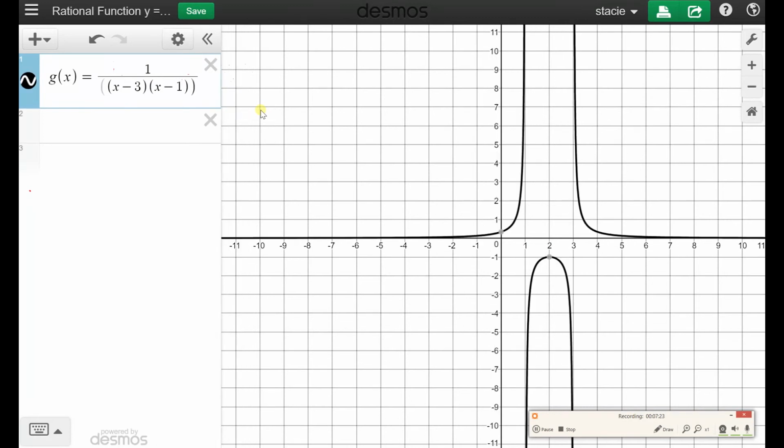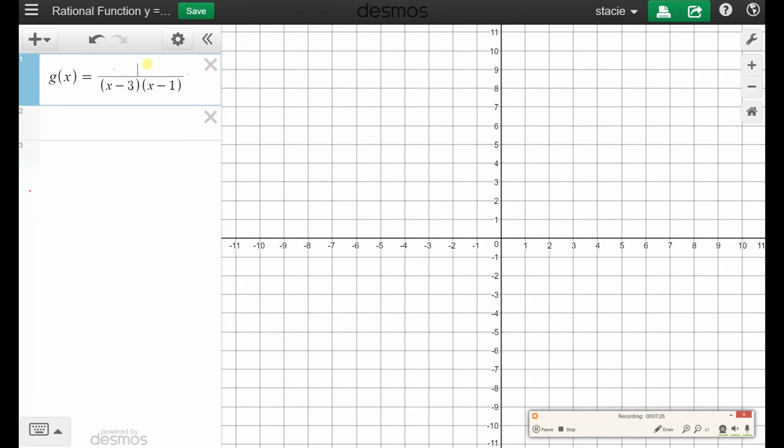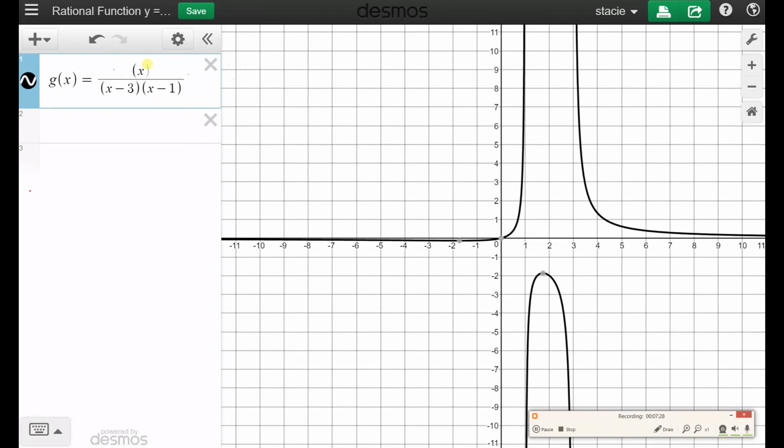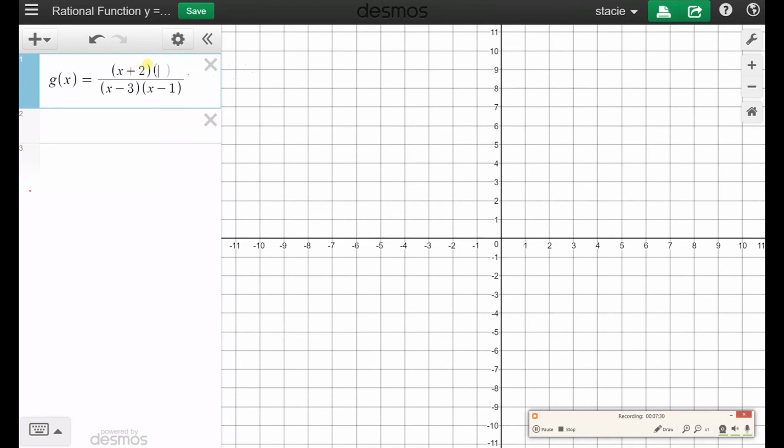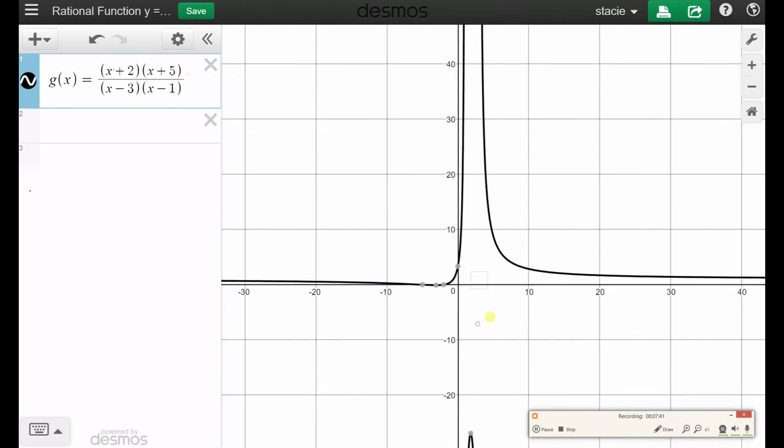Something different happens when we have the same degree on the top and the bottom. So I'm just picking any factors. I'm not really thinking these through. So when we have a quadratic in the top and a quadratic in the bottom, different things happen.